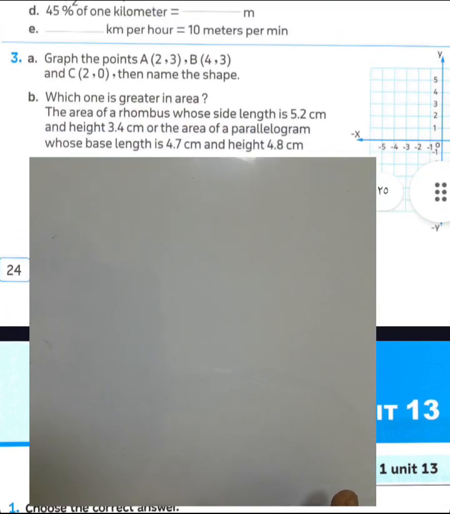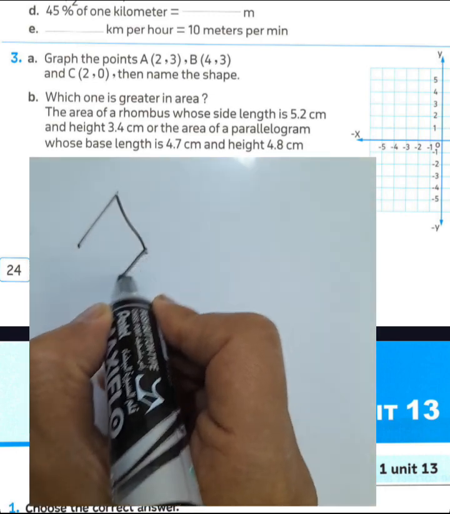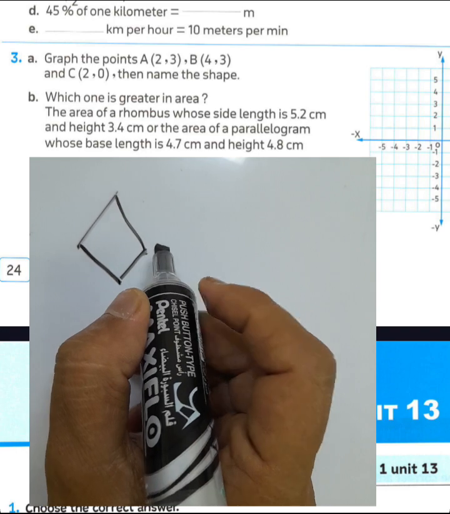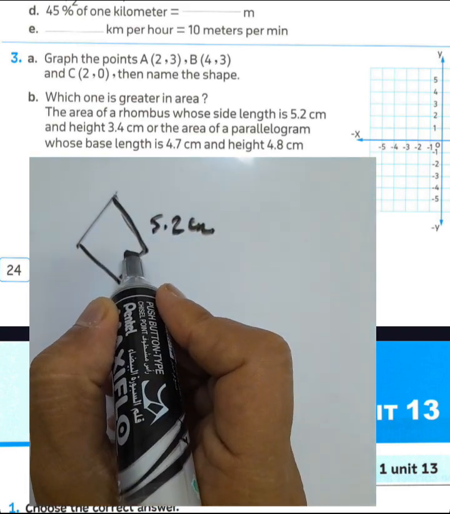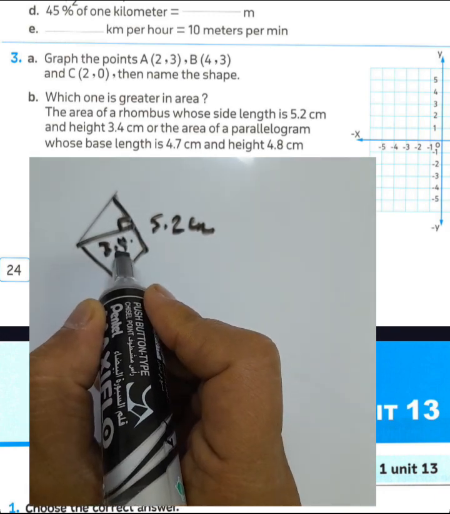Next example, which one is greater in area? We have a rhombus, side length 5.2 centimeters, and the height was 3.4 centimeters.